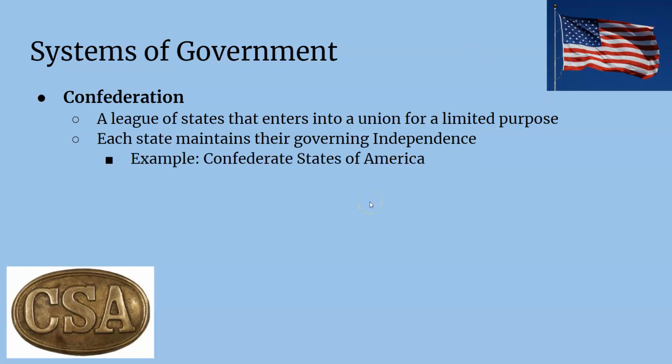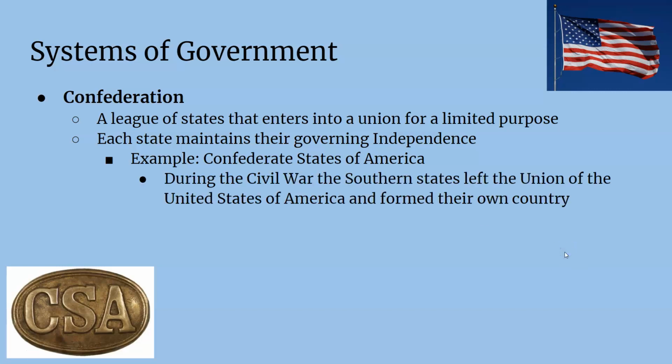The most famous one relevant to us was the Confederate States of America, which was pretty much the southern states during the Civil War. They were a confederation of separate states, and they came together for the purpose of fighting the Civil War. It would have been a lot harder if the states tried to fight the war individually. So they came together into a confederation so they could fight the war more successfully.